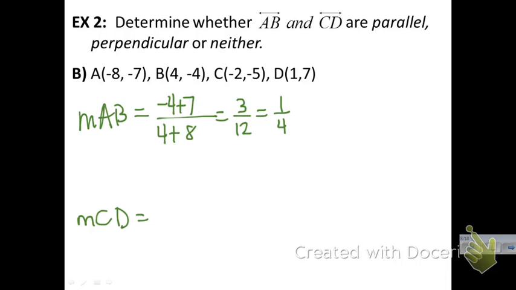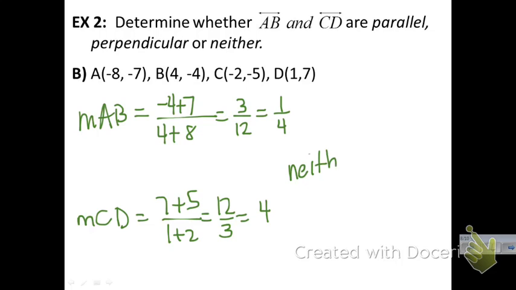For CD, we have 7 minus a -5, plus 5, over 1 minus a -2, plus 2. This gives us 12 over 3, which reduces to 4. Now these are not perpendicular because they are not negative reciprocals, and they are not parallel because they're not exactly the same. So in this case we would say that these lines are neither.